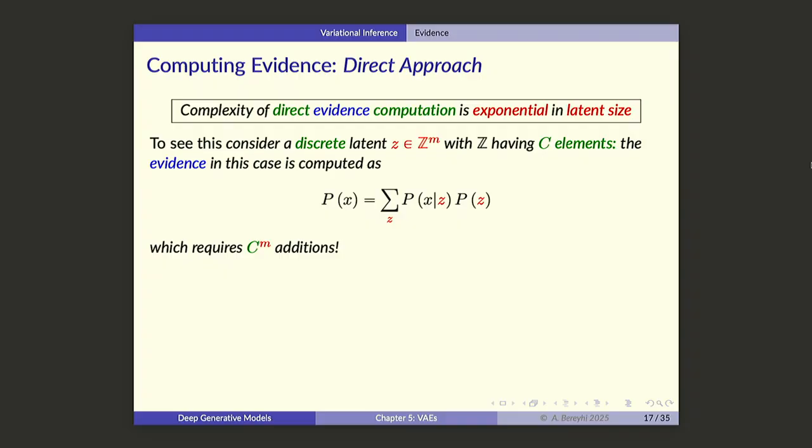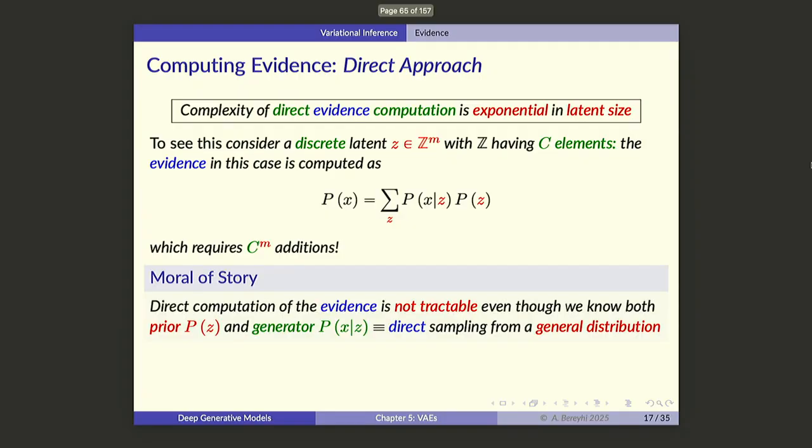Given the practical cases we have, it's true that the latent dimension is much smaller than the data dimension, but it's still a very big dimension. And this is very hard for us. So direct computation is impossible, and you can simply see that this is exponential. And when you want to sample directly from a distribution, you deal with an exponentially hard problem.